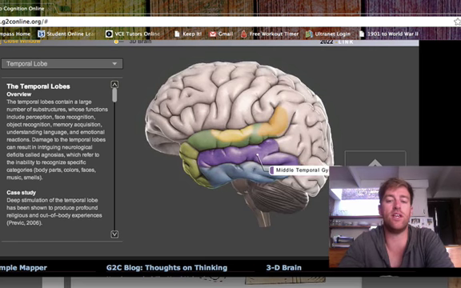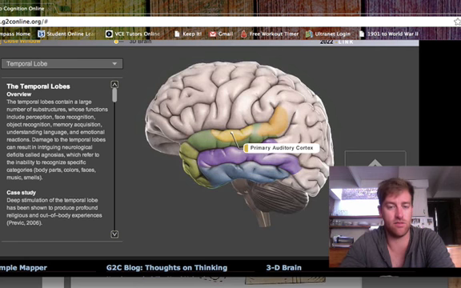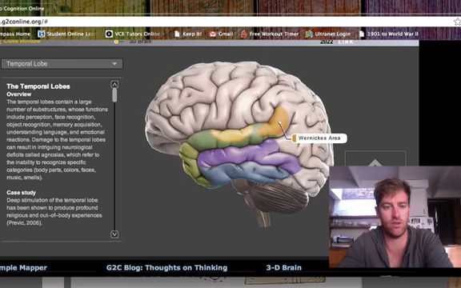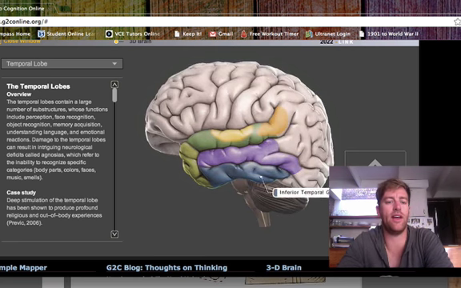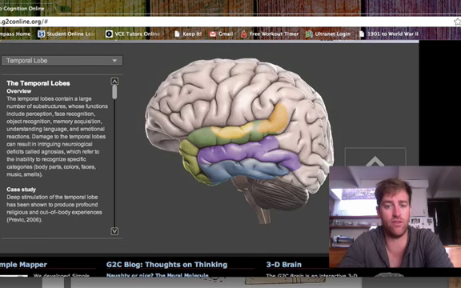What you do need to know is auditory cortex, very important, and also super important is Wernicke's area. If you have a look over here in the temporal lobe overview, it talks about the substructures, which are all these different little parts over here. And it's important for a whole bunch of things.